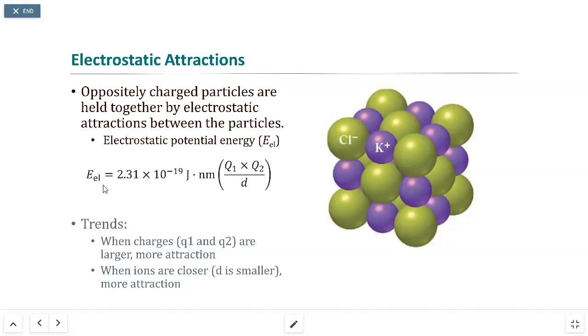So our electrostatic potential is really dependent on three factors. Two of those factors are the charges of the ions themselves. The larger the charge on the ion, the more attracted they're going to be.